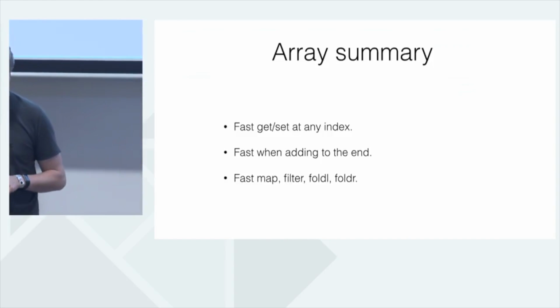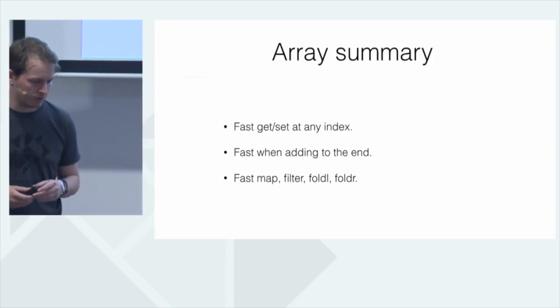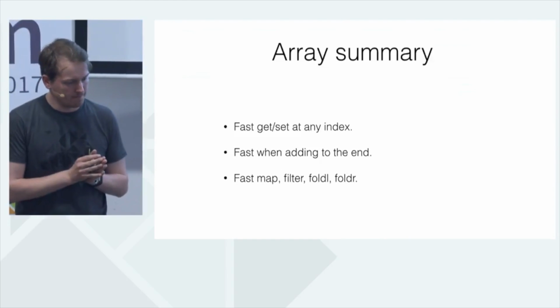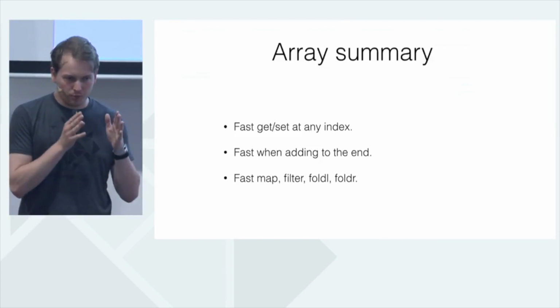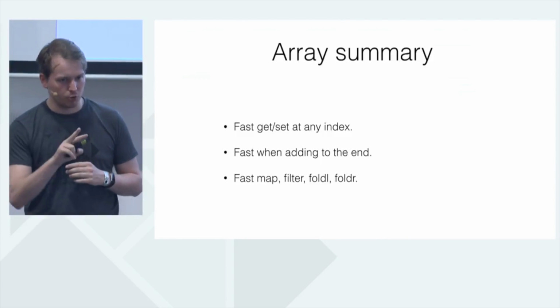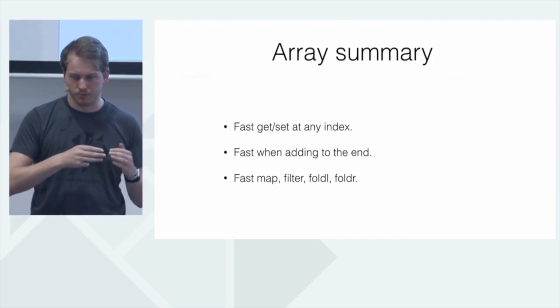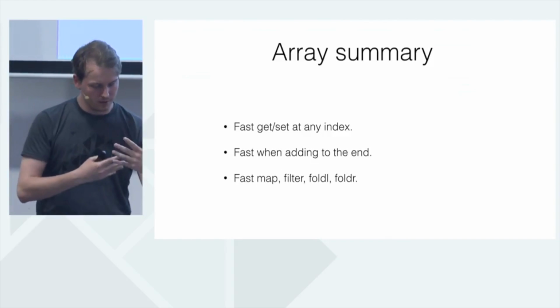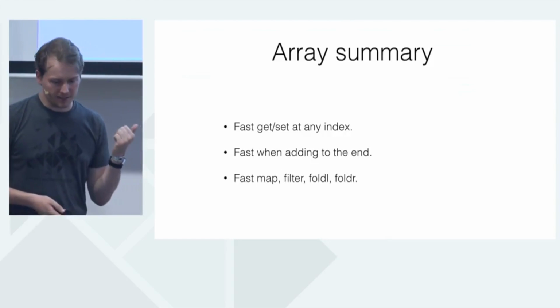You also have fast map, filter, fold left, and fold right. The reason I put this in is because if you perform a list map operation, you need some way to reverse the result. In a naive case, the result will be reversed, so you need some way of compensating for that. An array doesn't need to do this.